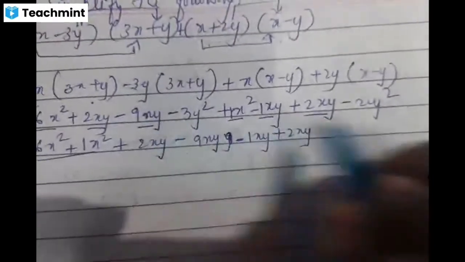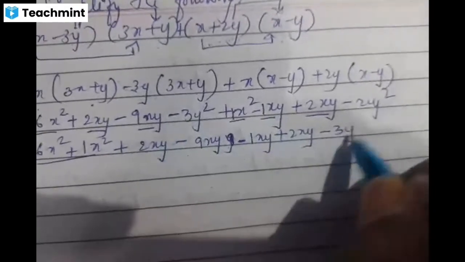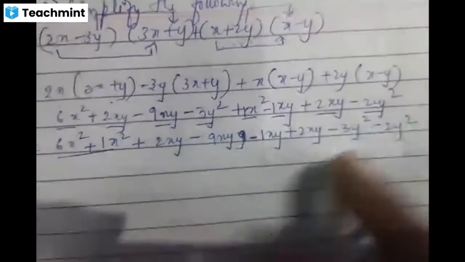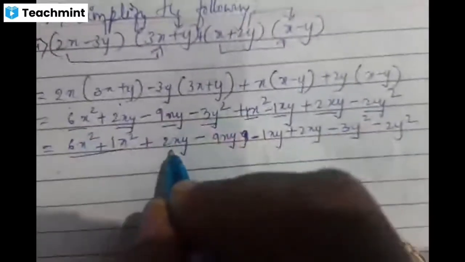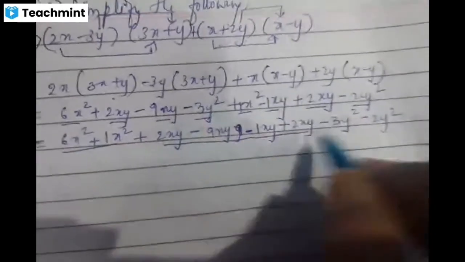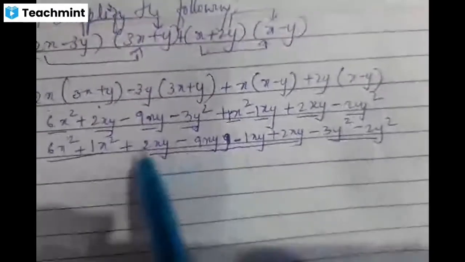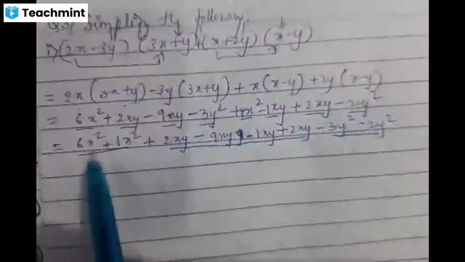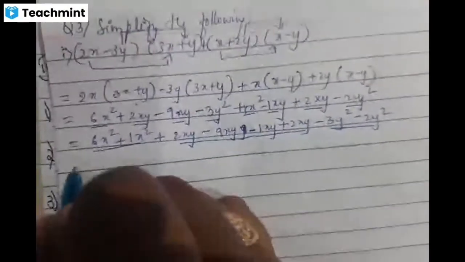Now what are you left with? The minus 3y square minus 2y square. So these two also I have written. I have made the groups separately. In this step, not to get confused, I have made the groups of the like terms separately, and then we are going to add the coefficients.